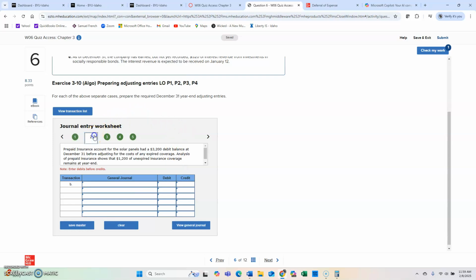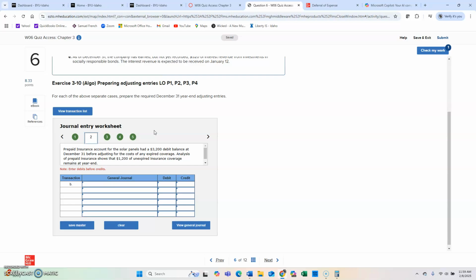Okay, next. Prepaid insurance account for the solar panels had a $3,200 debit balance at December 31st before adjusting for the costs of any expired coverage. Analysis of prepaid insurance shows that $1,200 of unexpired insurance coverage remains at the end of the year.